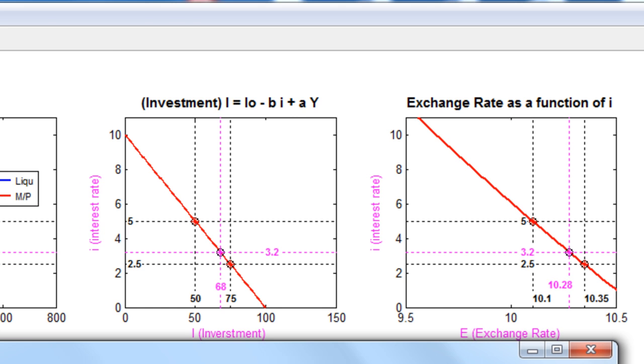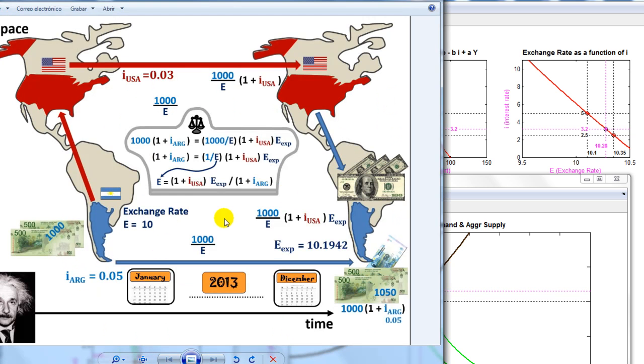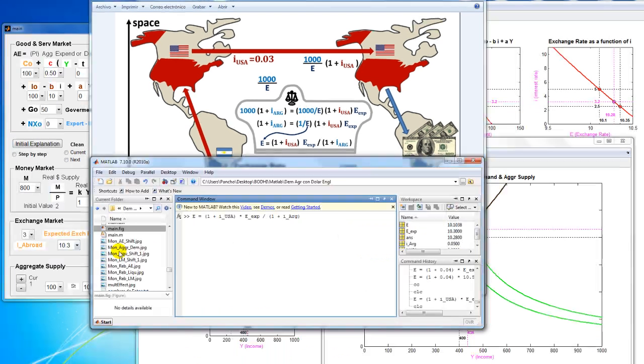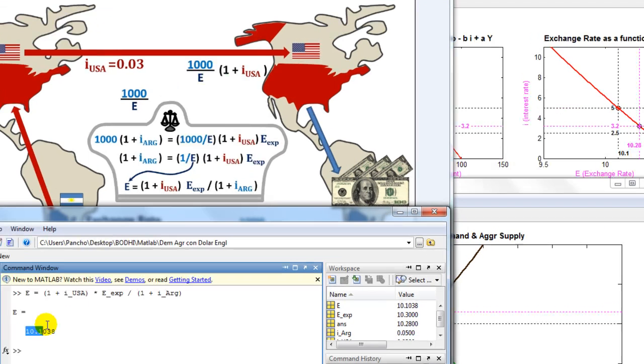We already explained why, if the local interest rate goes down, it's more convenient to go like this, because this interest rate is very low. So now we want to see numerically these things. With the value that we have in the panel, we got the value 10.1 for E, which is 10 for 1.